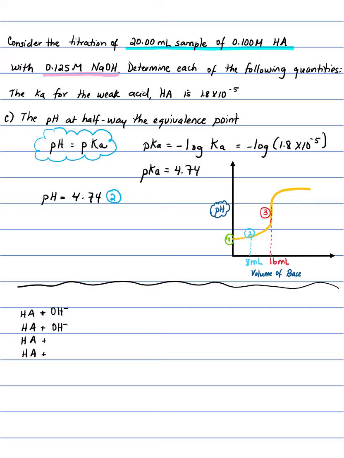Now at halfway to the equivalence point, you're neutralizing half of the acid. So out of your 4 moles of the acid, at halfway to the equivalence point, you're neutralizing only 2 of them. So you're getting water because the H, the proton, right?